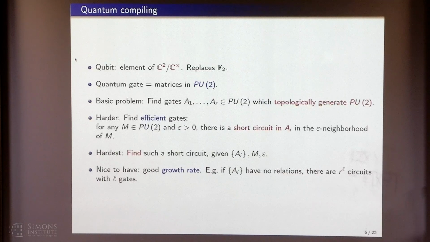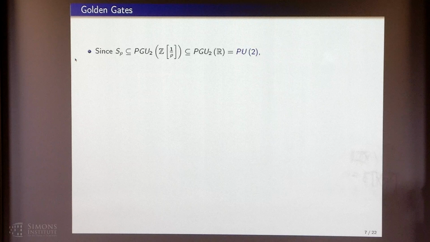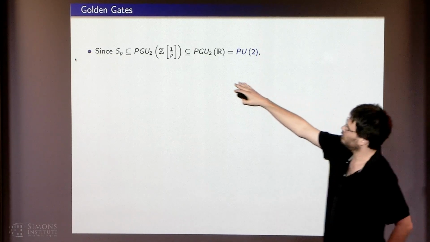Okay, how does this relate? So this is what Peter Sarnak calls golden gates, and it really happened because he first gave a talk about it, I think, in Stanford. So he had the golden gate in mind. These S_P, so I remind you, the S_P were the LPS generators in the unitary group over this ring.